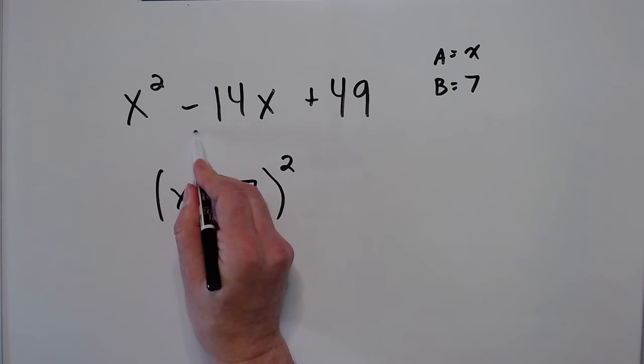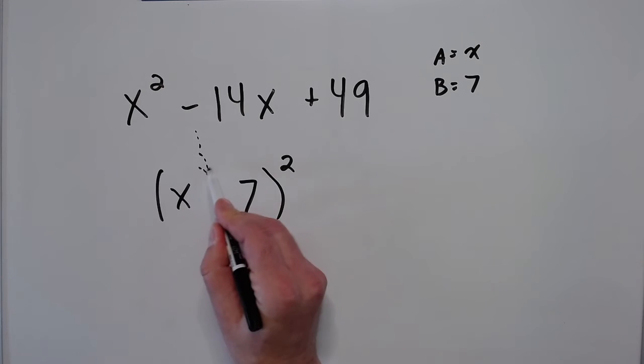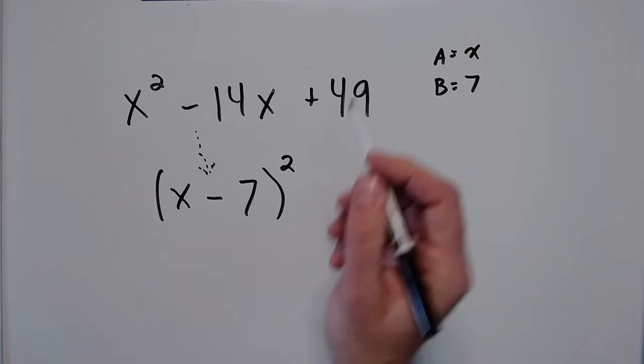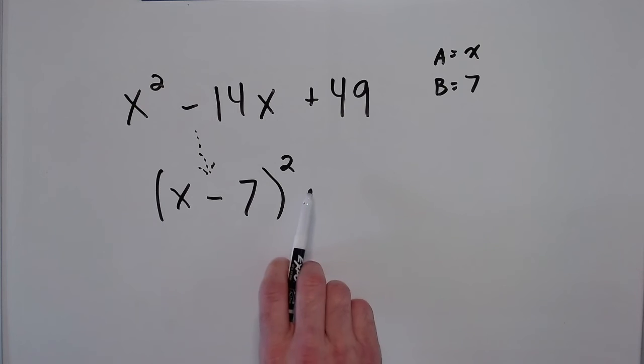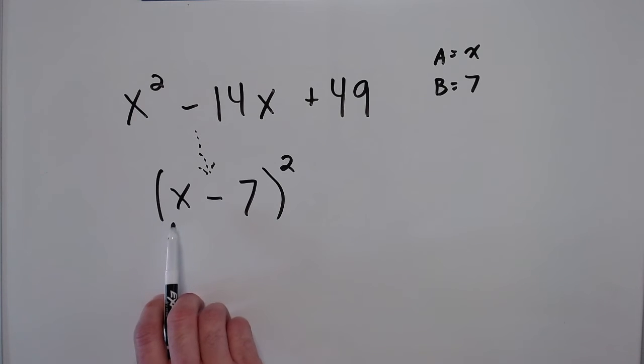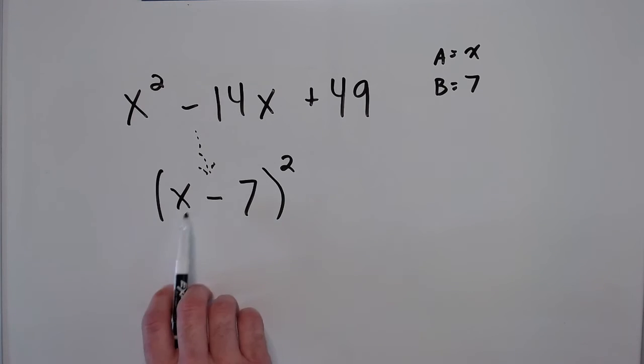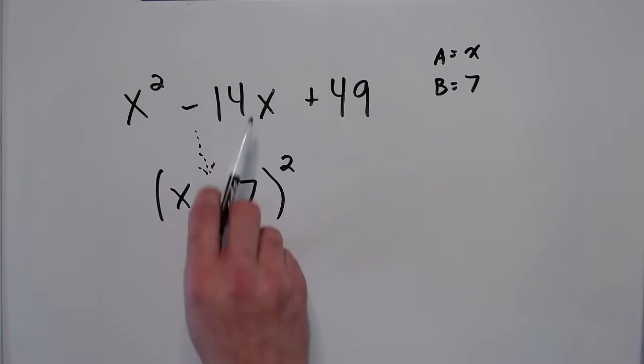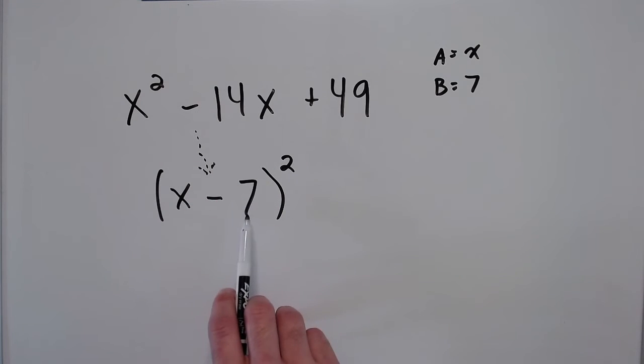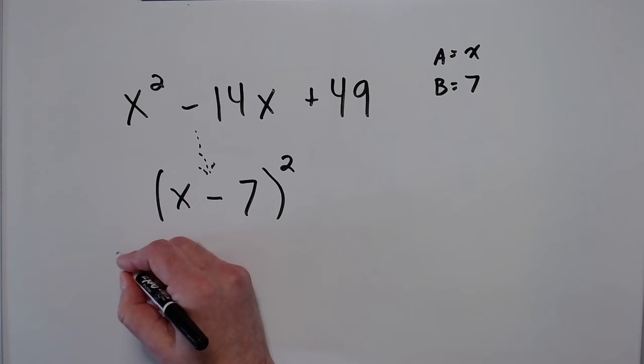That means that this becomes minus. So again, if we were to FOIL this out, we'd end up with an x squared, a minus 7x, another minus 7x, which gets us the minus 14x, and 7 times 7, which is 49.